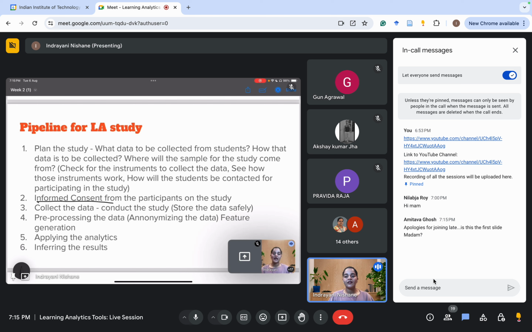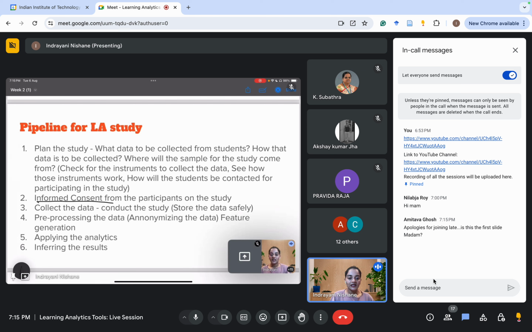Once we have the data, we have everything, then we will start the pre-processing of that data. Now anonymizing that data is very, very important, as we need to protect it. Ethically and morally, it is the responsibility of researchers to protect personal data of participants, since they have graciously agreed to be part of your research study.